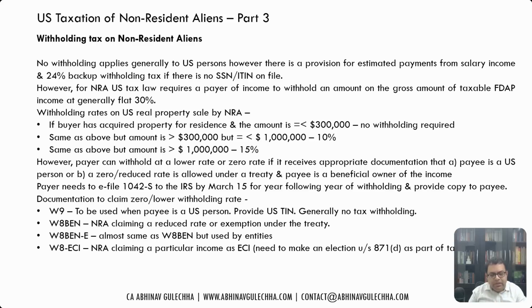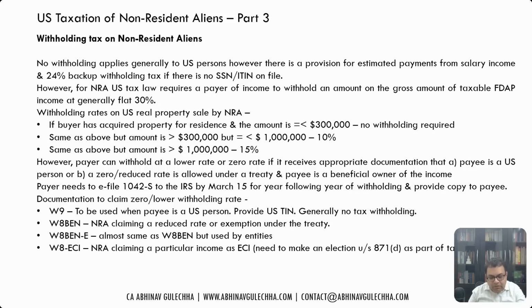Rental income in US, which otherwise by default qualifies as FDAP income, subject to flat 30% tax on the gross amount. If you want to elect it under section 871(d) of the Internal Revenue Code as ECI, and which is a beneficial election, because electing it as an ECI allows you to claim the deductions for the expenses.